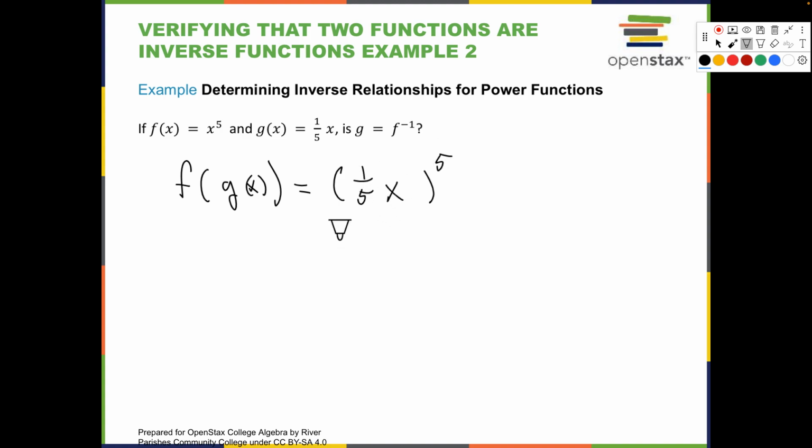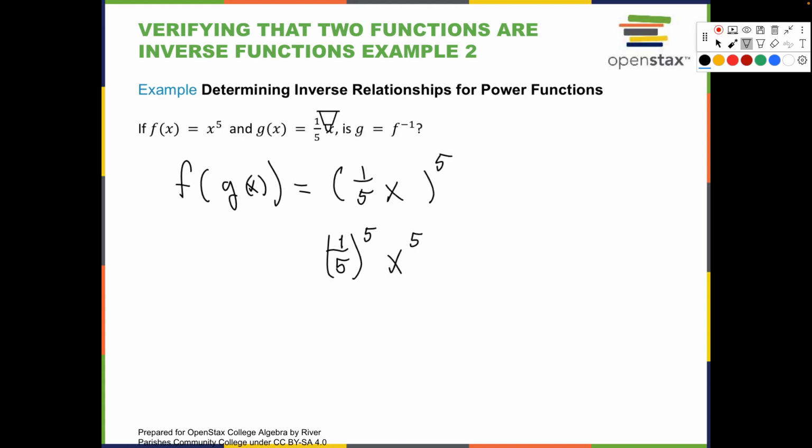Well, we get this 1/5, it's basically this times itself 5 times, right? You get 1/5 to the 5th power. You get x to the 5th power. We don't get x, okay? It's not x. We don't really have to find what it is. We just know it's not going to be x.